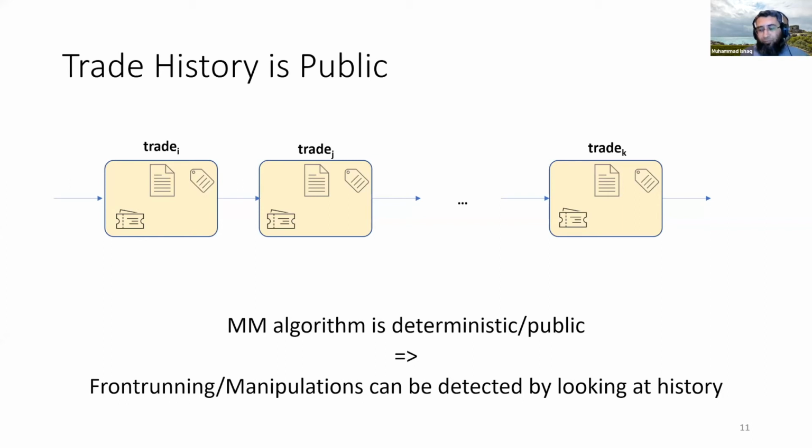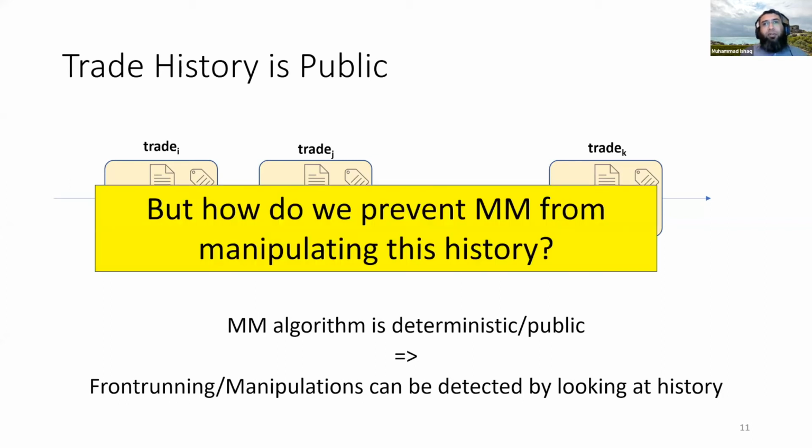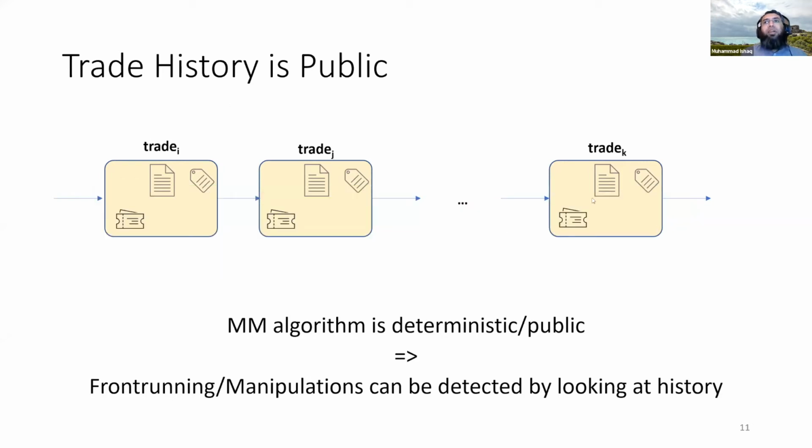But there is a problem. This trading history can still be manipulated by the market maker, right? Looking at this chain, we can verify that price manipulation hasn't happened. But what if the history has been rewritten? So to make sure the price adjustment looks legit.